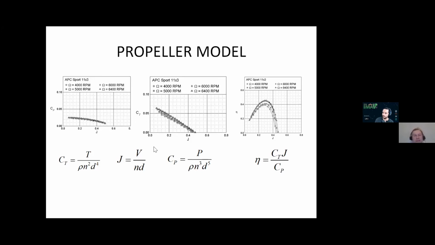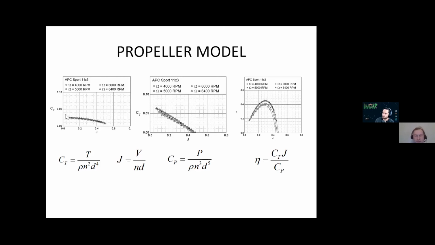As we can see, for the thrust coefficient, the graph is practically a linear line from zero J up to CT equal to 0. So one of the ideas is to approximate this graph by a linear function. As for CP, near zero values of J it is practically constant.